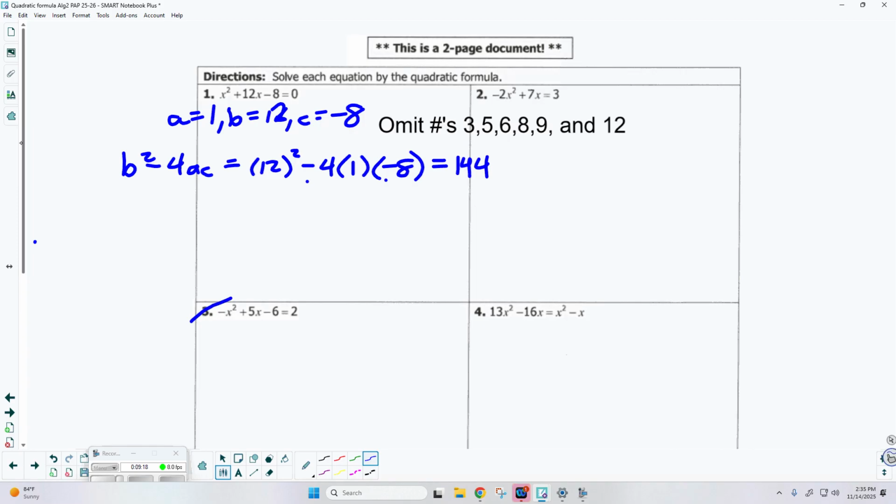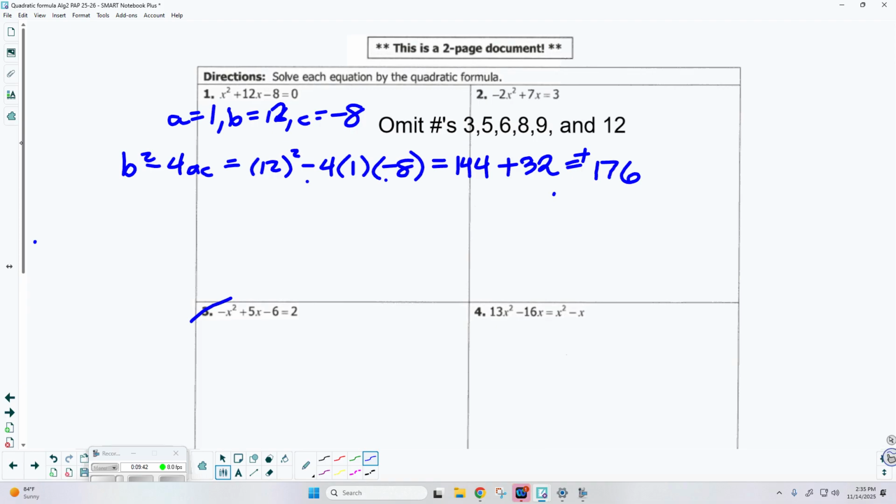We've got a negative times a negative, so that's going to be a plus, but 4 times 1 times 8, 32. So I'm looking for 144 plus 32. That is 176. Again, because it's positive, that means I've got two real solutions.